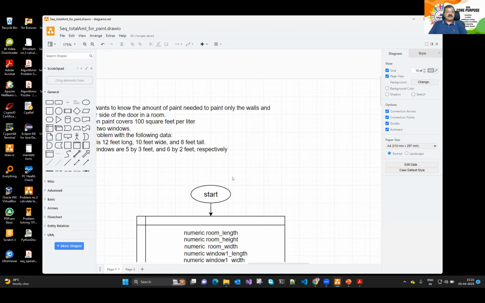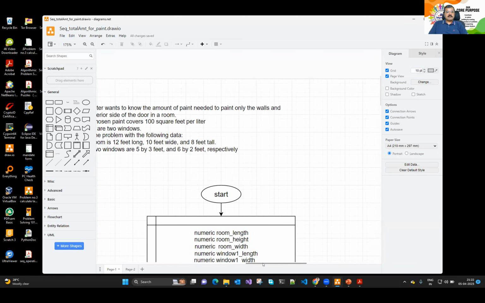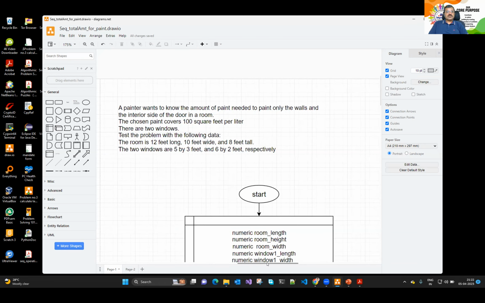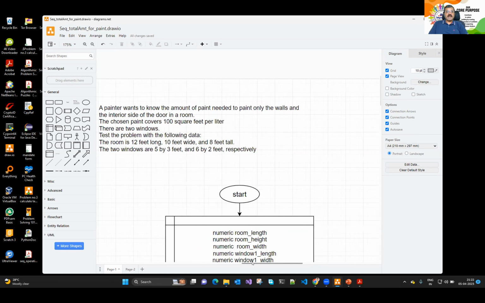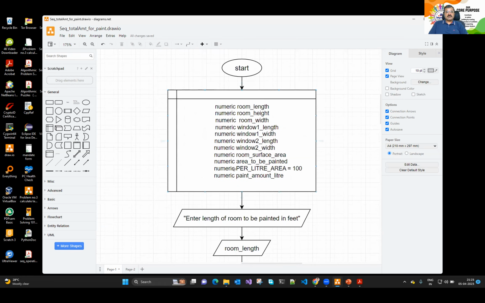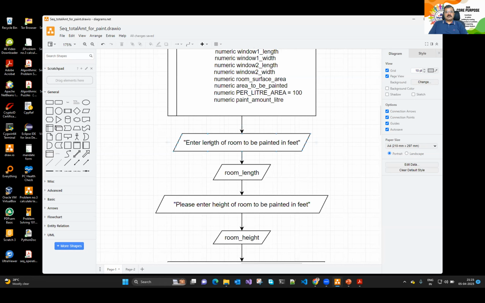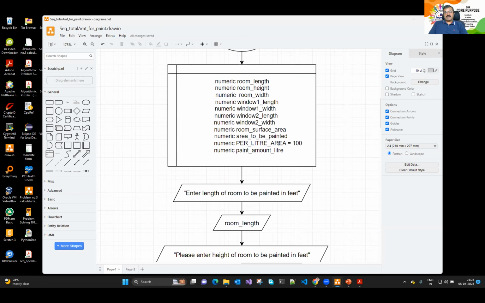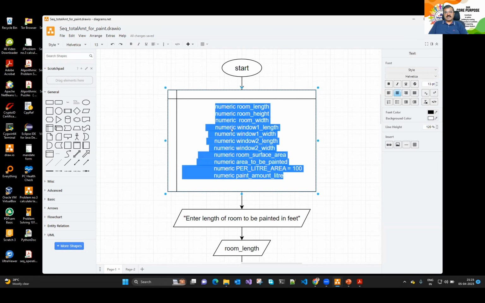Has it been given? It says chosen paint covers 100 square feet area per liter. Okay, so area per liter is 100. Then numeric amount, paint amount in liters. If anybody has any query, whether this is right or wrong, do let me know.